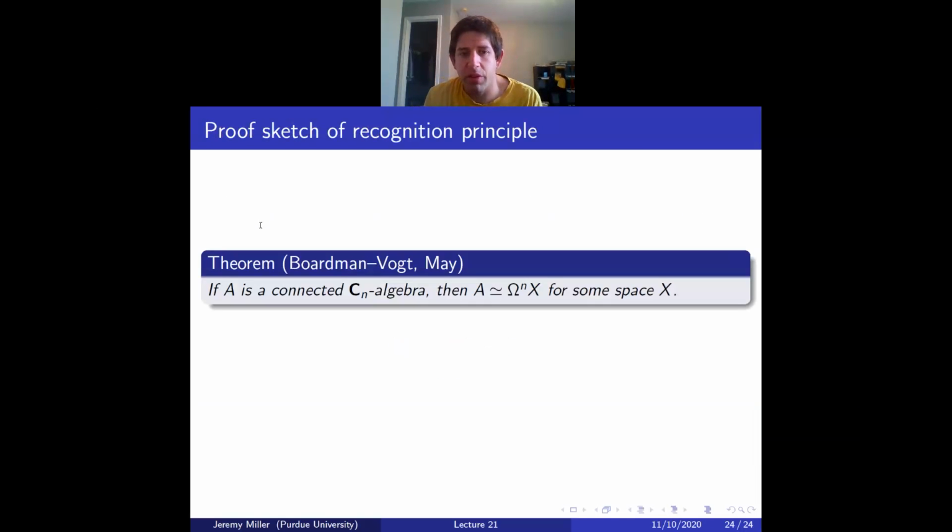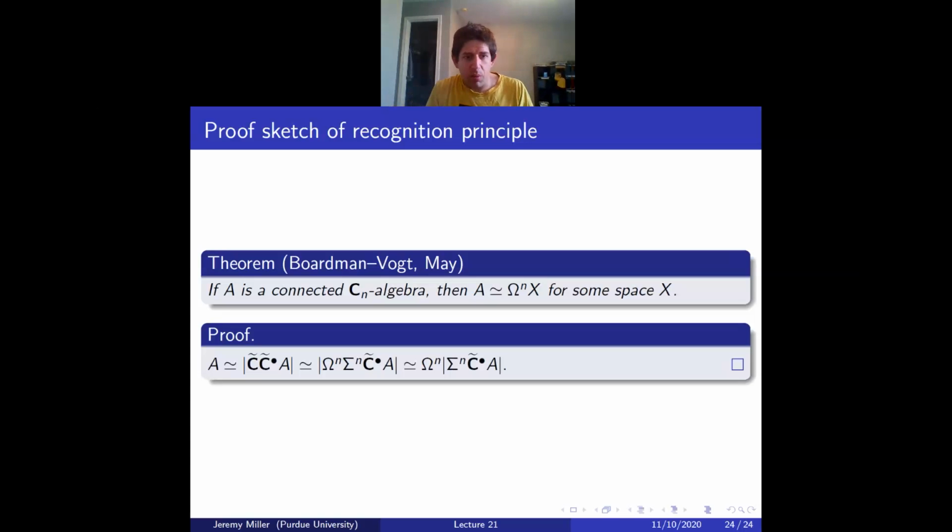So now I'm just going to sketch a proof of the recognition principle, and then I'm out of slides, even though I won't be out of time. So what's the idea?